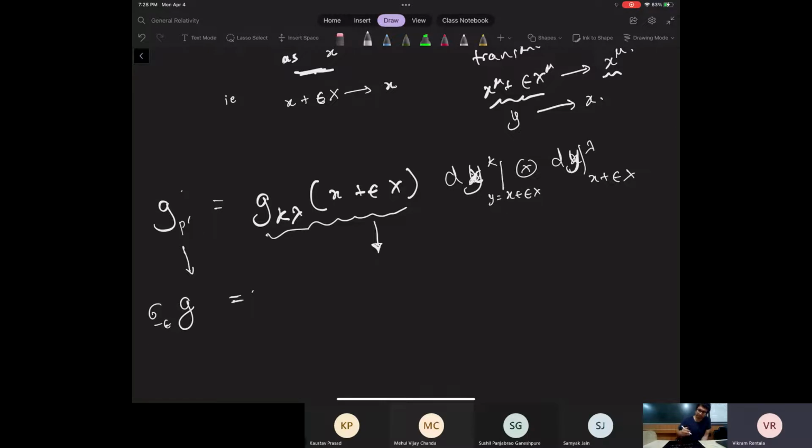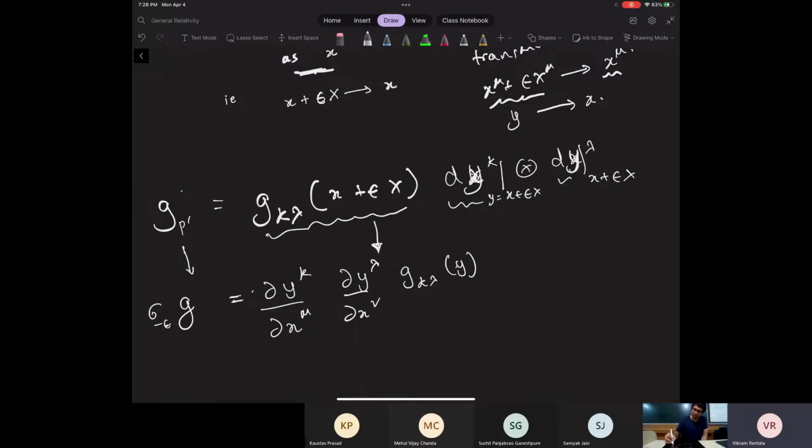So that gives us partial y kappa, partial x mu, sorry, let me write it like this: partial y kappa, partial x lambda, partial y, partial x mu, partial y lambda, partial x nu, g kappa lambda of y.